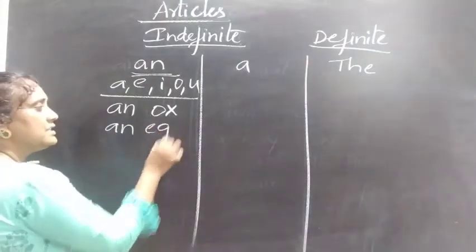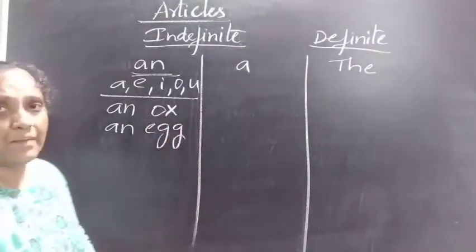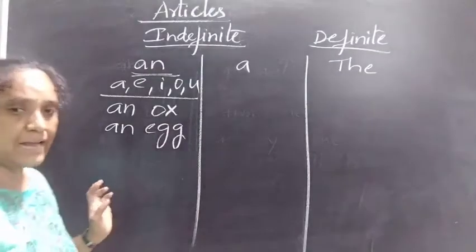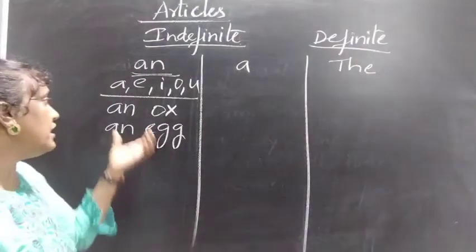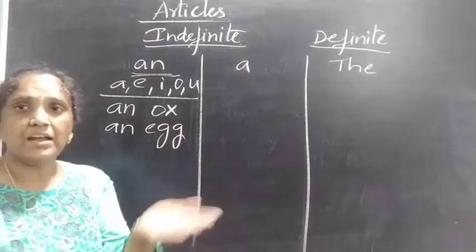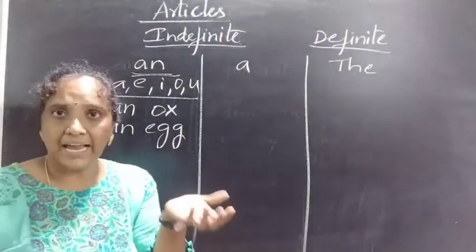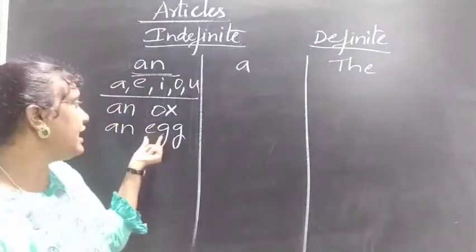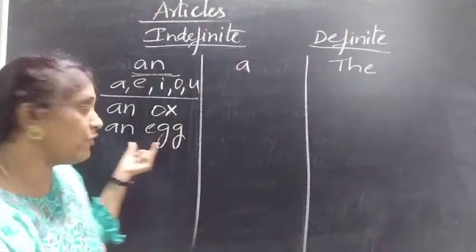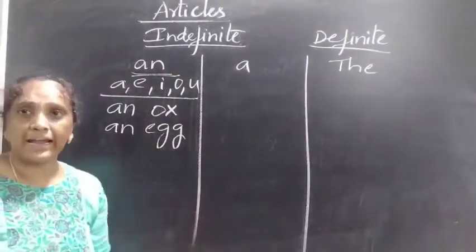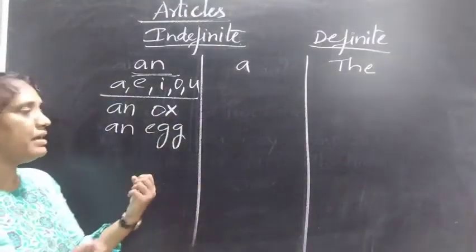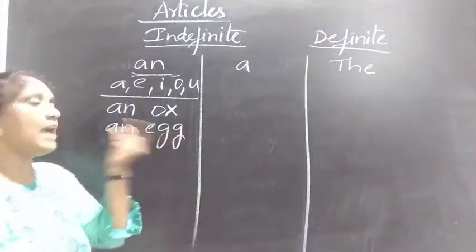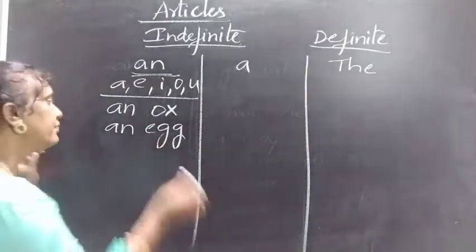In a sentence, if I am talking about an egg, I am not particular. I can take any egg. If many eggs are there, just take one. I can't say a egg because it starts with a vowel sound, so I say an egg. I want an egg, so you can get me any one egg among many things. Then I pronounce an egg.